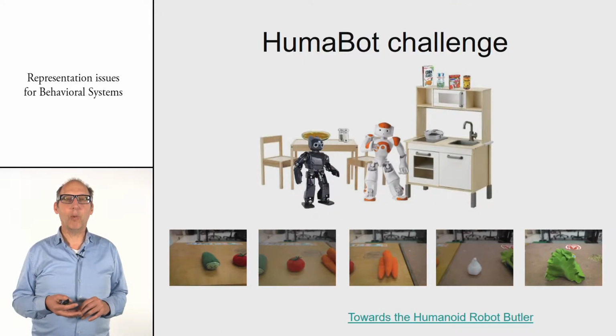One example is the HumanBot challenge, where you have two small humanoid robots that have to live in a small kitchen, and you can give them different sorts of vegetables, and they have to recognize which vegetable is in the kitchen and what is the right way to grab each of those vegetables.